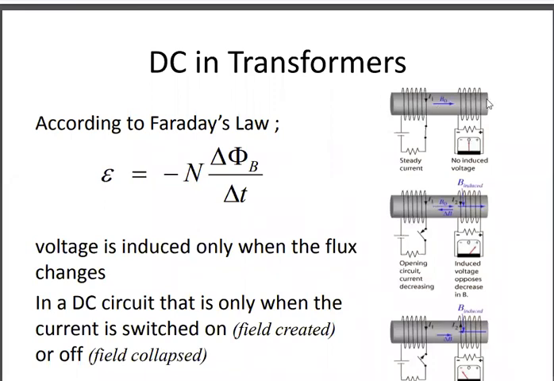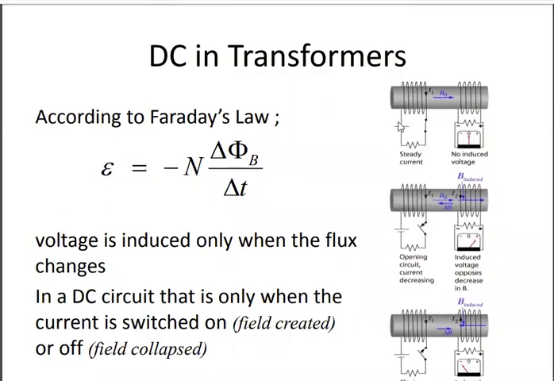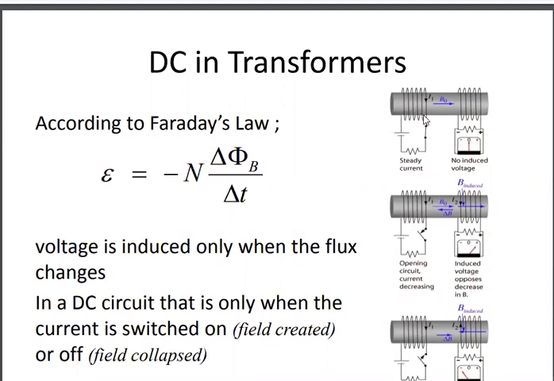But these two coils are coupled with the help of this iron rod such that when current flows through this coil, the magnetic flux linked with this coil will be transferred to this coil. And this is called coupled. So these two coils are coupled, and whatever electromagnetic change there is in this coil will be transferred to this coil.